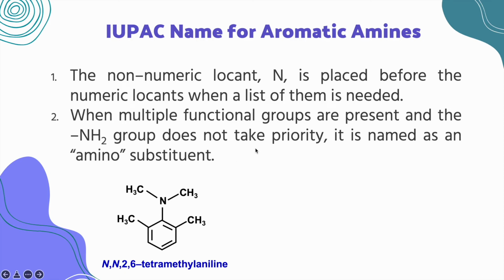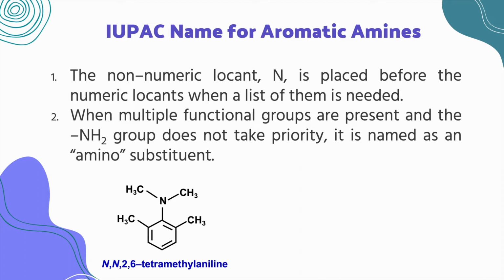When multiple functional groups are present and the NH2 group does not take priority, it is named as an amino substituent. Means you have a compound with the functional group amino and you have a functional group that has higher priority than amino.